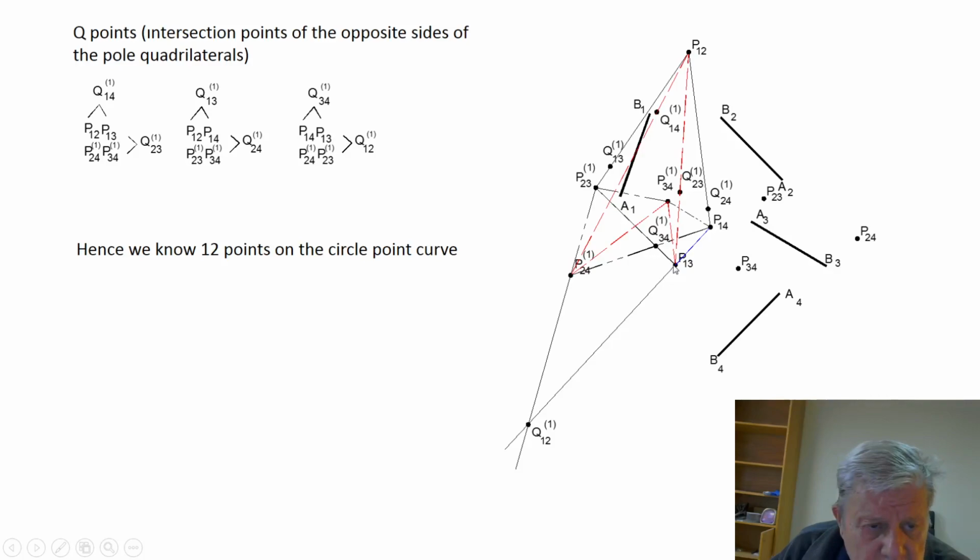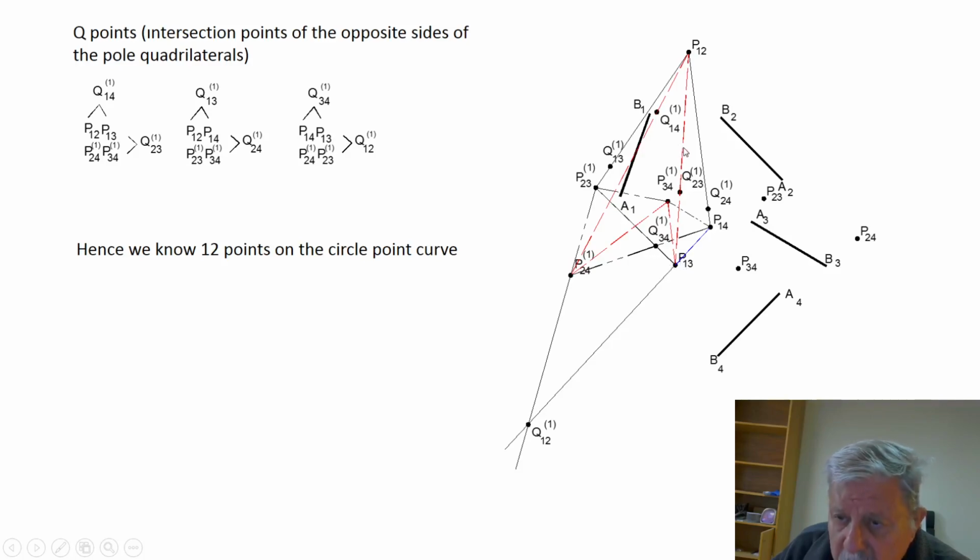P13, P2, 3, 4, P34 is the other side. P34, P24, 1. This is the pole quadrilateral. The opposite sides are 1, 2, 1, 3.